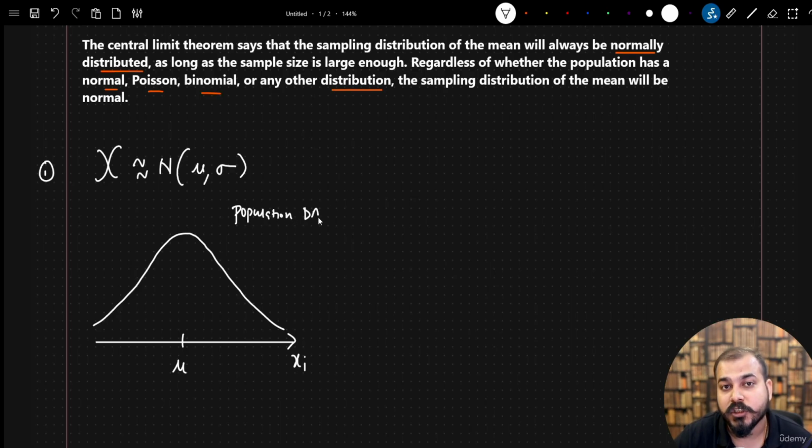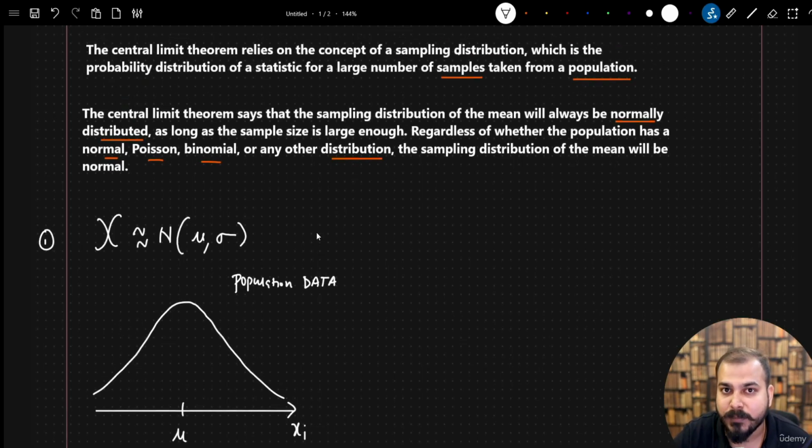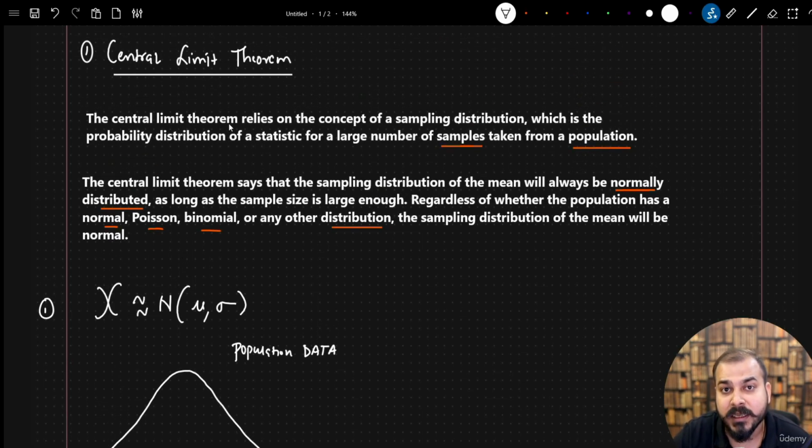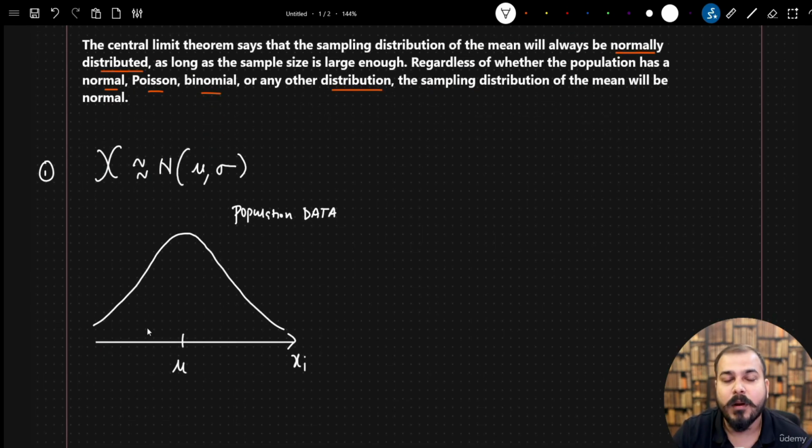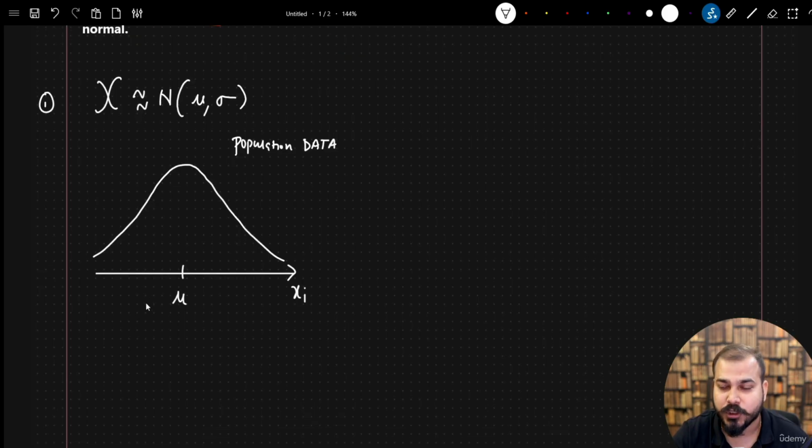Now, central limit theorem relies on the concept of sampling distribution. So let's say this is my population data, plotted like this, and it follows a normal or Gaussian distribution. Suppose I want to create some sample data from this: S1, S2, S3, S4 up to Sm.